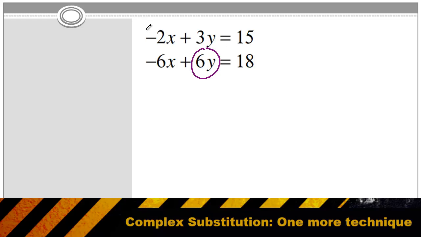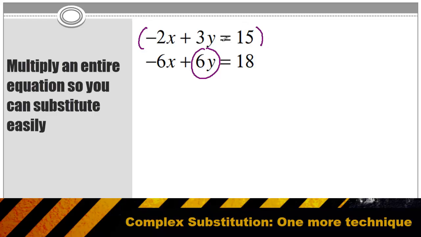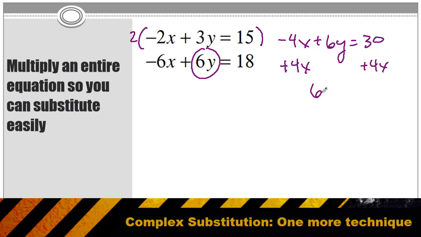So I can take my first equation and multiply everything by 2. So that equation becomes negative 4x plus 6y is equal to 30. Then I'm going to add 4x to both sides. So I get 6y is equal to 30 plus 4x. Now I can plug that answer for 6y into the 6y in my second equation.